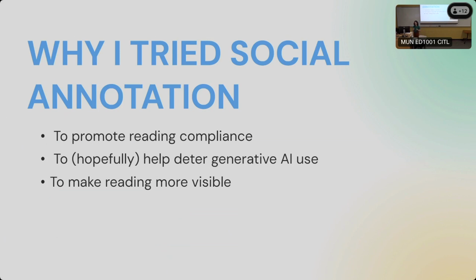Another area of growing interest around this is to hopefully deter the use of generative AI in reading and writing situations. And I'll admit that was part of my interest in trying it. Again, I primarily teach English 1090 and 1110, so those are both designated critical reading and writing courses through the Faculty of Humanities and Social Science. So they're writing intensive.